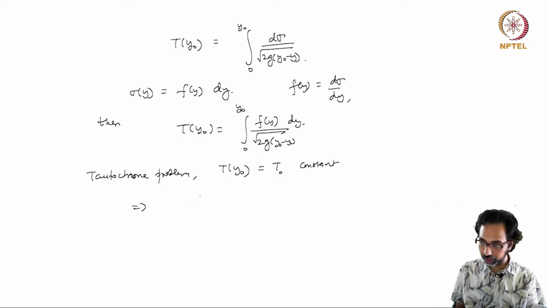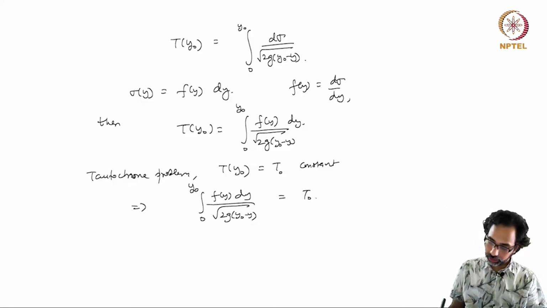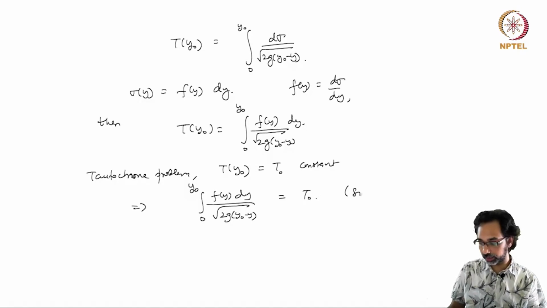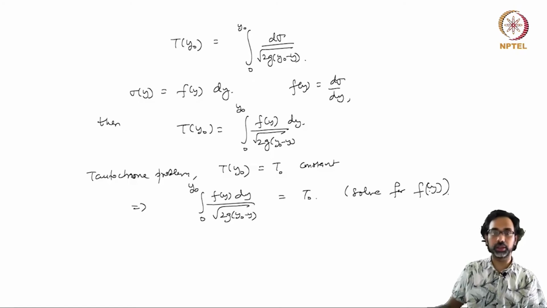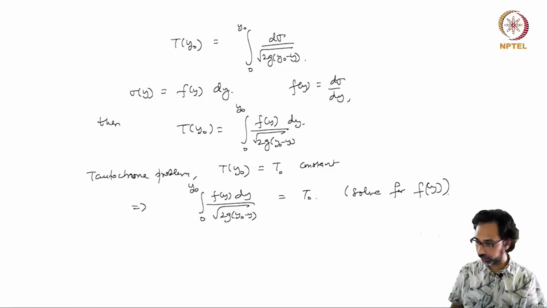So we will get the integral equation from 0 to y0 of f of y dy over square root of 2g times y0 minus y equal to T0, and we have to solve for f of y because we want to find the shape of the wire for which this happens.